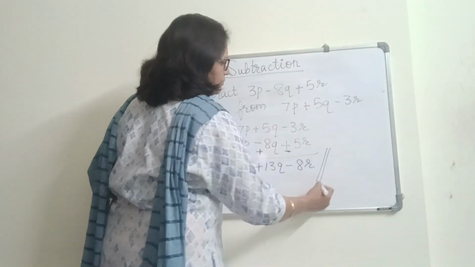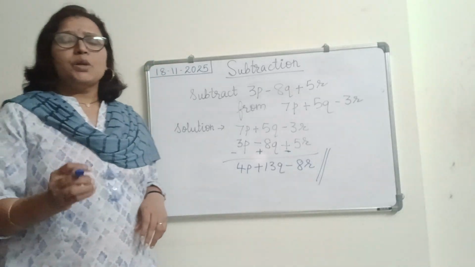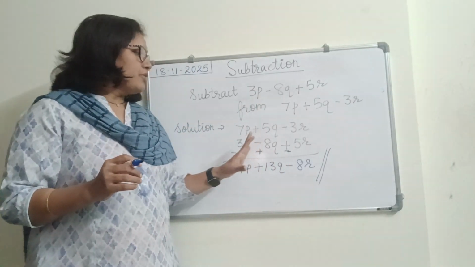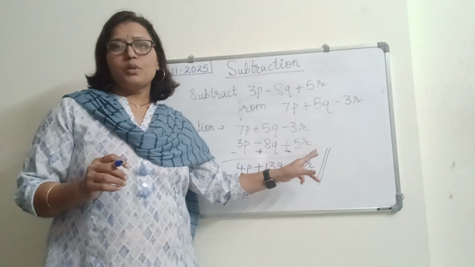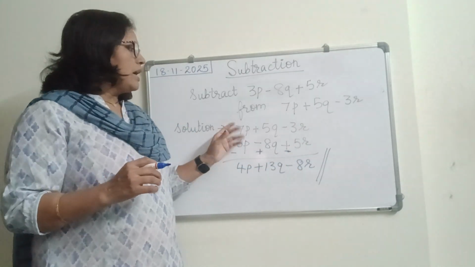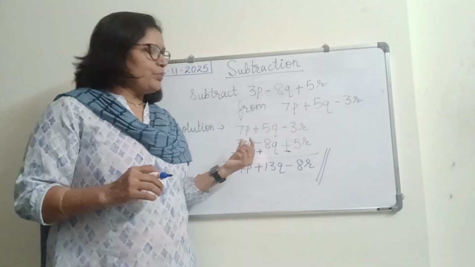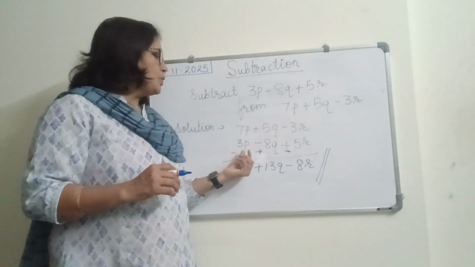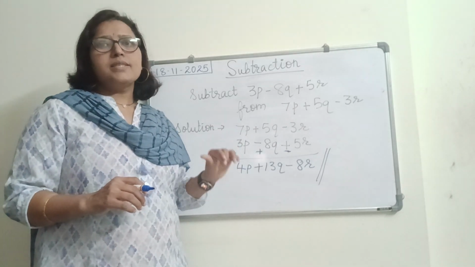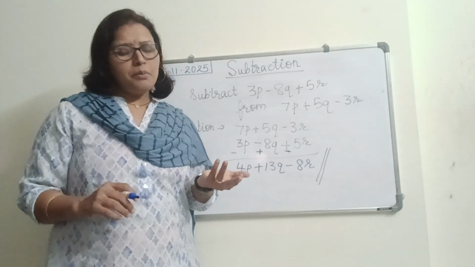So whenever you are doing subtraction in the column method, the first thing you have to do is change the sign of the second row. Whatever you write in the column, this is the first row. In the second row you have to change the sign. If it is plus, you make it minus, and if it is minus, you make it plus.